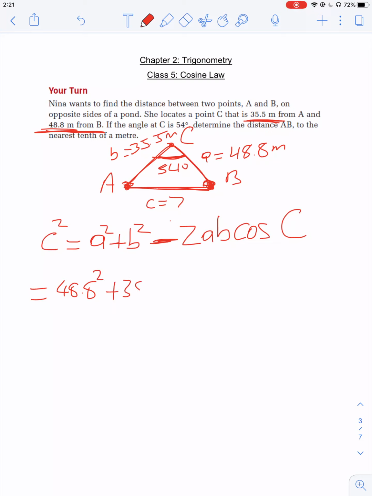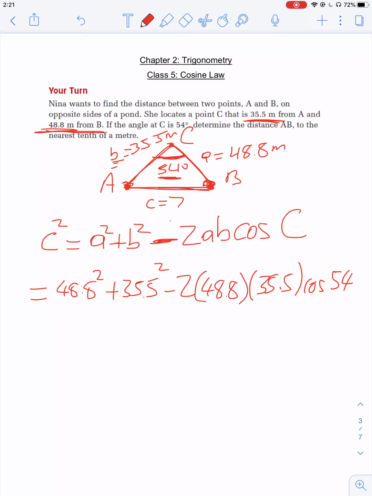B is 35.5, right? And then you square that, minus 2 times A. So A is 48.8. Again, I'm getting these values from my picture that I've drawn. Times B, which is 35.5, and then cos of C, again from the picture, 54.